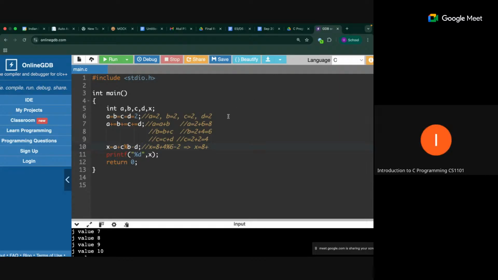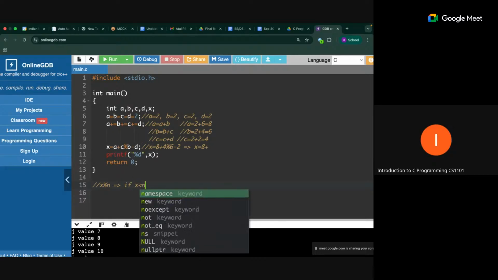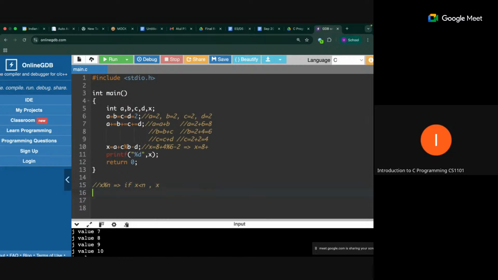Yes, right. So actually, let's say I'm giving the value as x mod n. What are the possible values for this? If x is less than the n value, then x itself is the answer.